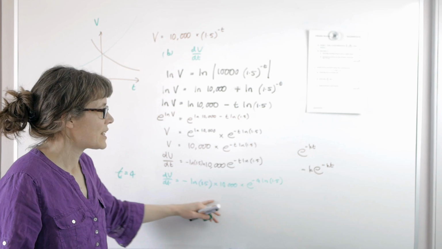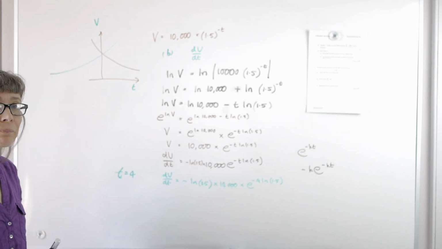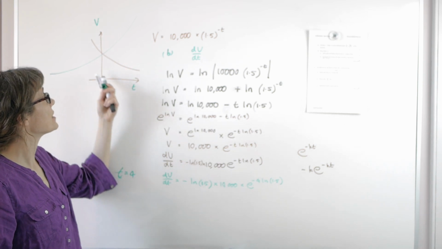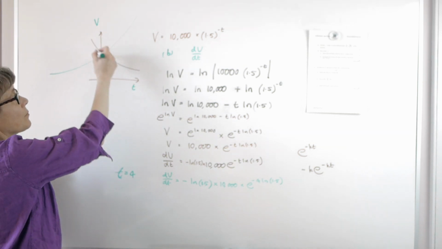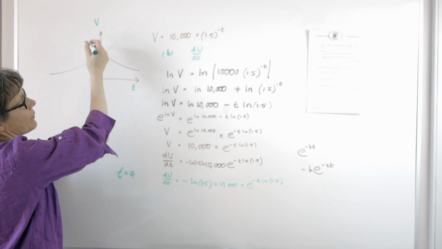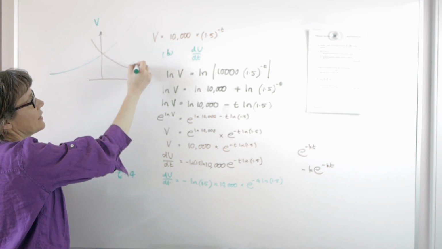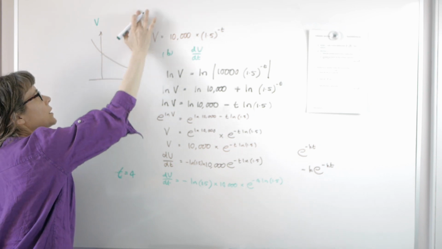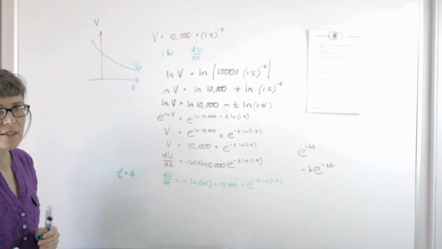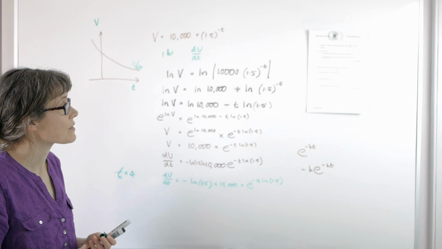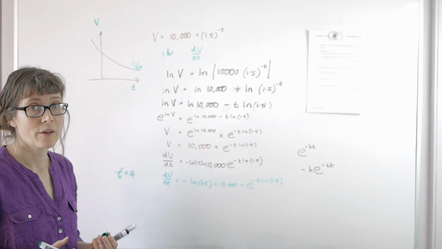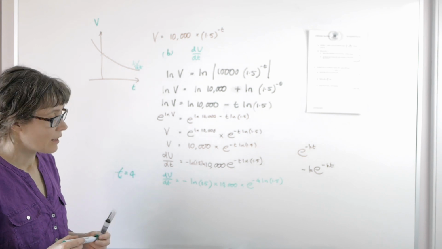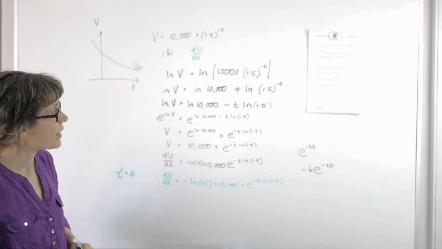What does it represent is part of C. So what we've actually found there is the gradient of this brown line here. So that's our dv dt here, not that one. So what we found is the rate of change, isn't it? It's the rate of change of the value of the car, or its depreciation, if you like, is given by that.